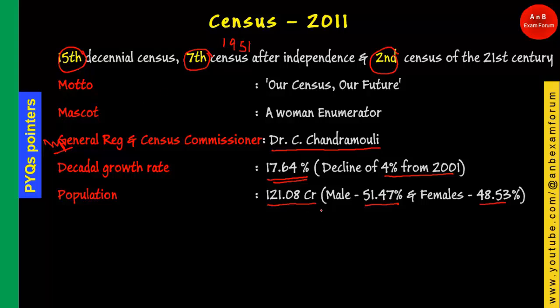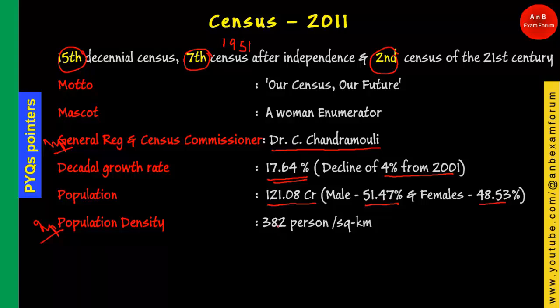So 121 crore, 51% male, 49% female. Next is the population density, again a very important pointer. It is 382 persons per square kilometre for overall India.